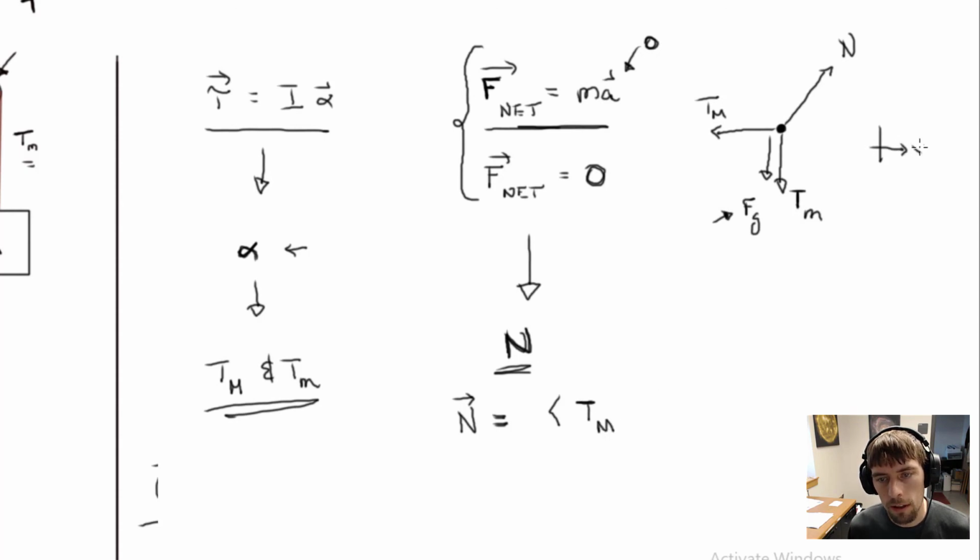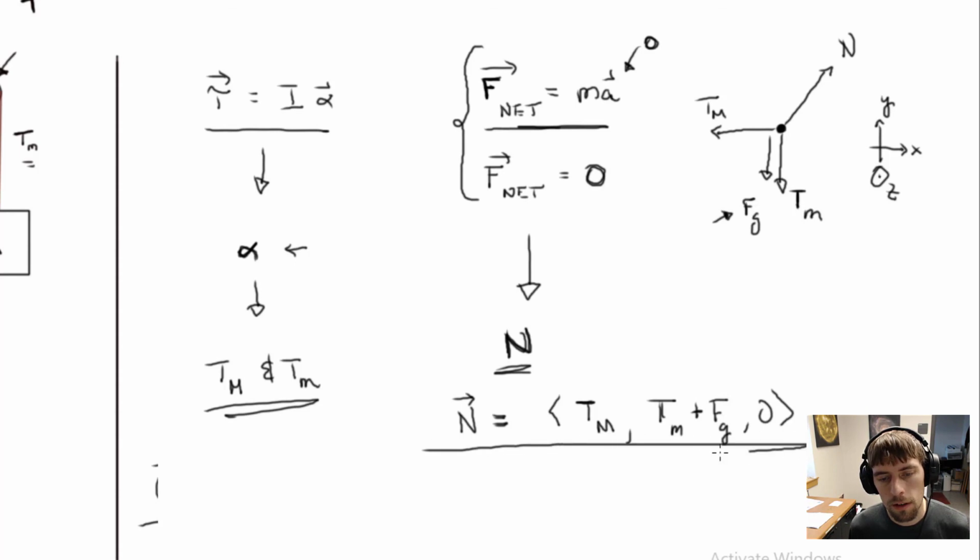Remember, I use my standard axes. Then it will be the tension force due to the hanging mass plus the gravitational force acting on the pulley. That's the vector expression for my normal force. You could actually be more specific, right? You could actually substitute in the expressions.